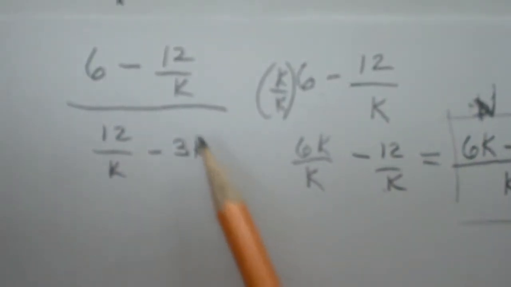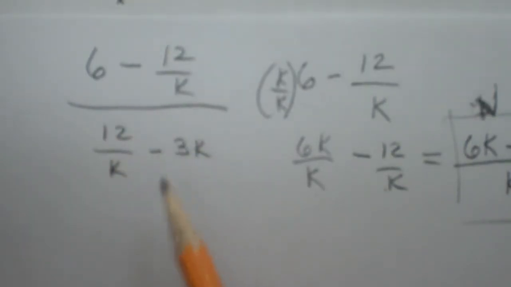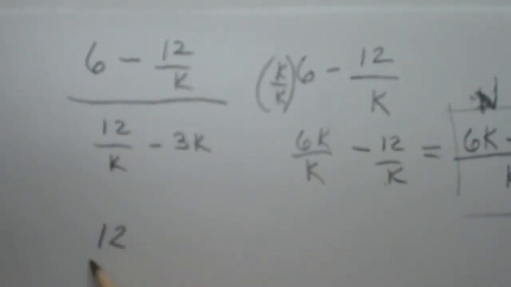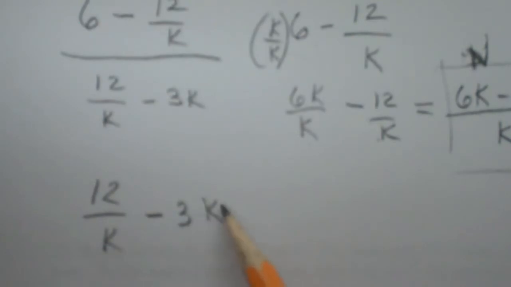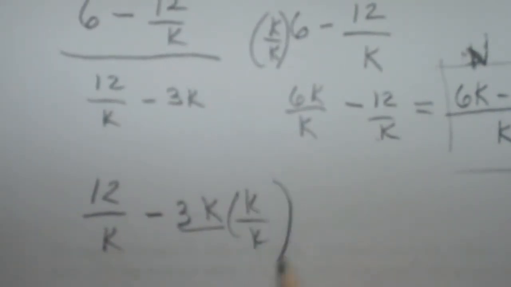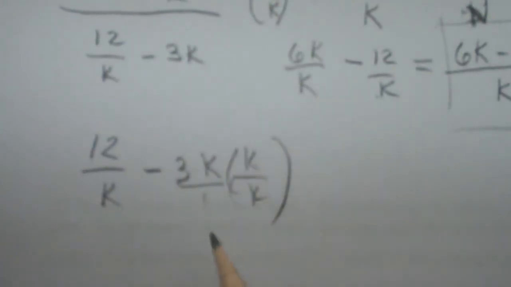Now let's go back and try to simplify the denominator part. I'll do that right here on the bottom. So we have 12 over k minus 3k. How are we going to be able to get these to have a common denominator? Well, I see down here the denominator is a k, so how about if we multiply the top and the bottom by k here, right? This is like a 1. So this is going to be 3k times k will give us 3k squared.